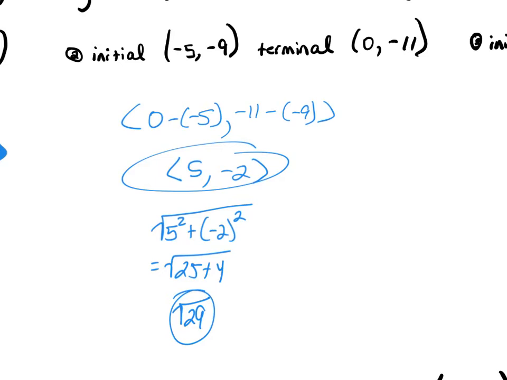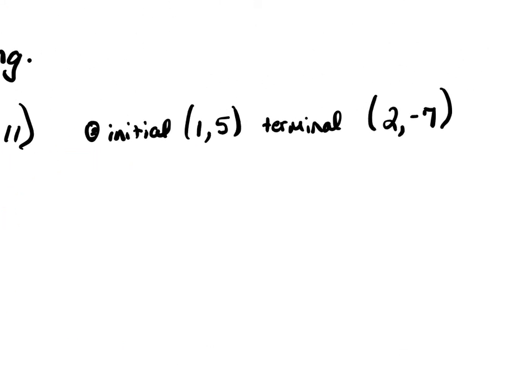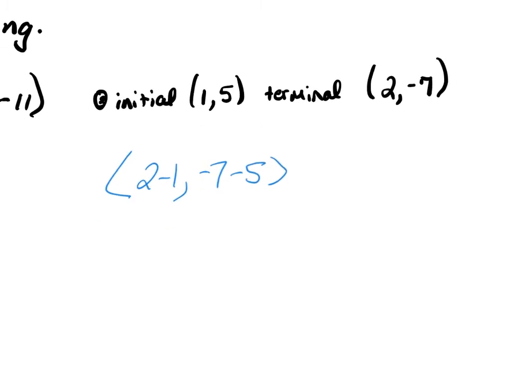It's a very simple concept, but a lot of places to make mistakes. Again, terminal minus initial. So I have 2 minus 1, comma, negative 7 minus 5. Agreed? Okay, so 2 minus 1 is 1. Negative 7 minus 5 is negative 12. Good.